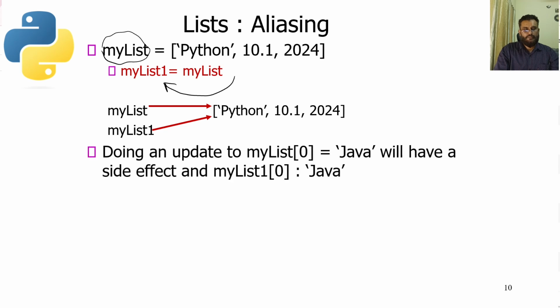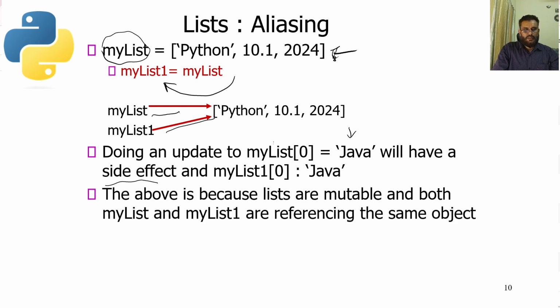Now what can happen is, if I change the element at one location in one list, for example, I change my list, the first list, at index 0 to Java, then it will have a side effect. My list 1, 0 will also be changed to Java, because both of these are referencing the same object.